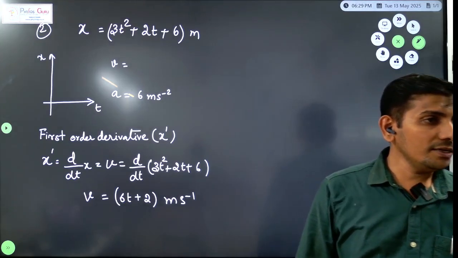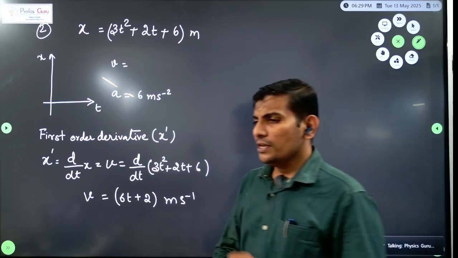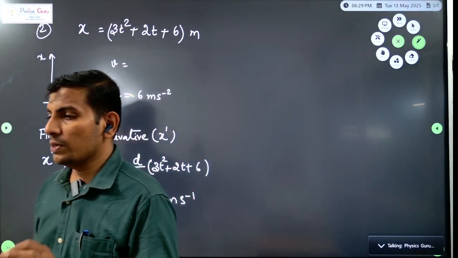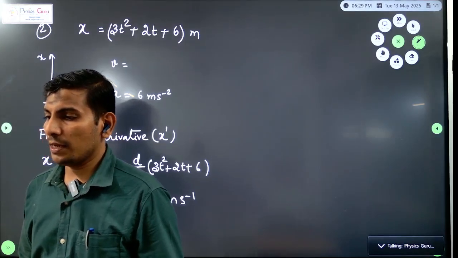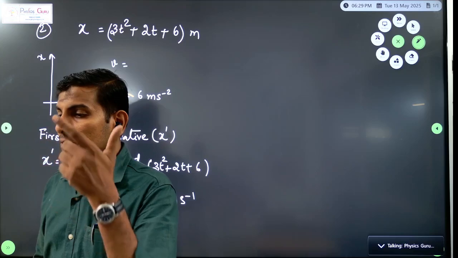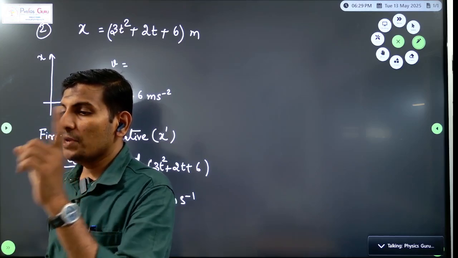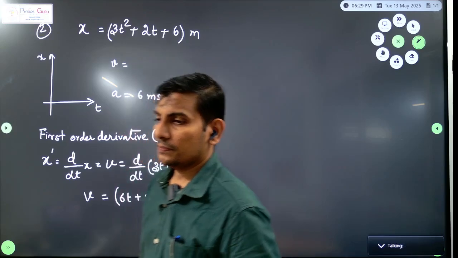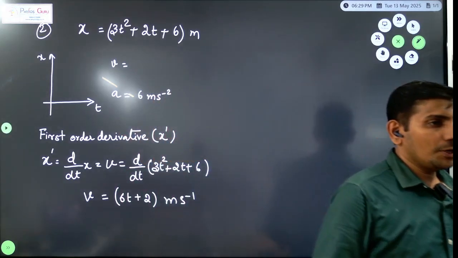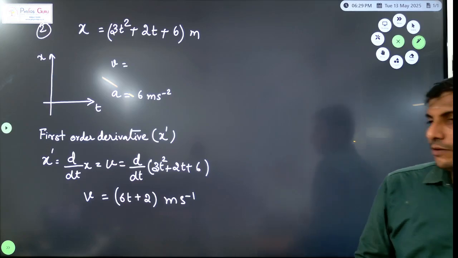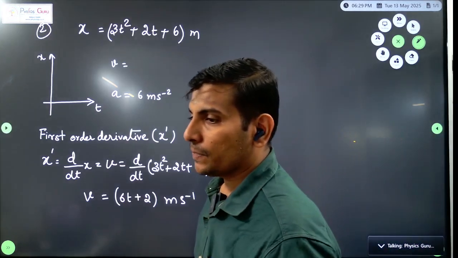So the moment the variation in any quantity resembles a straight line, you can say that quantity's first order derivative will be constant. That particular quantity's first order derivative will be constant.